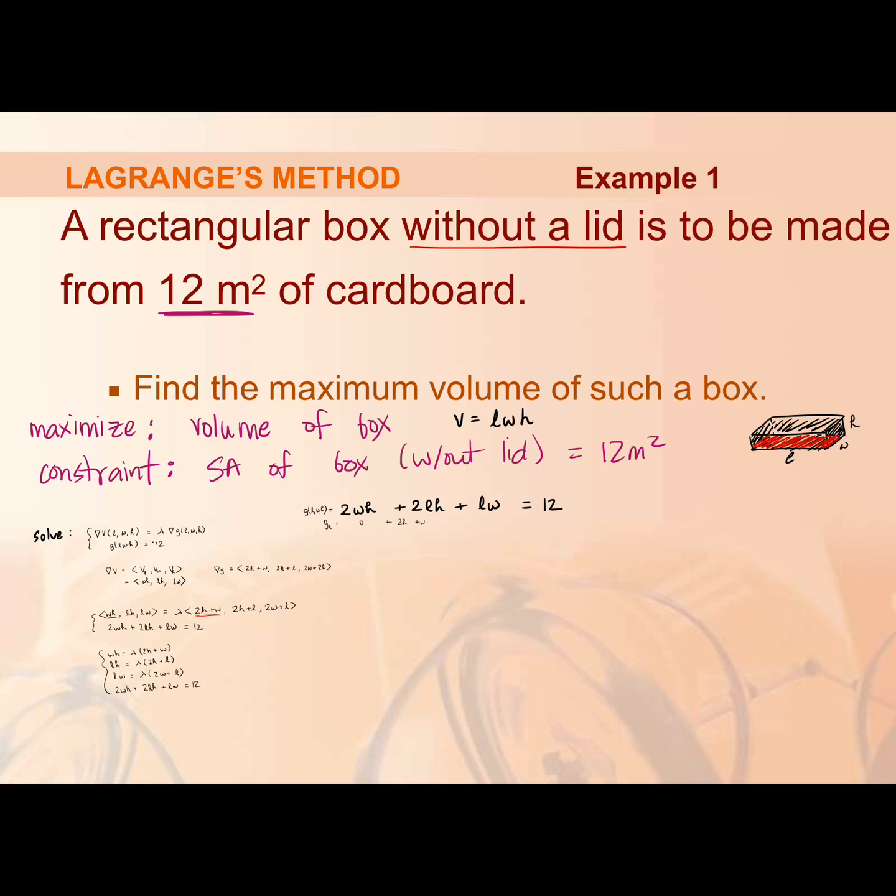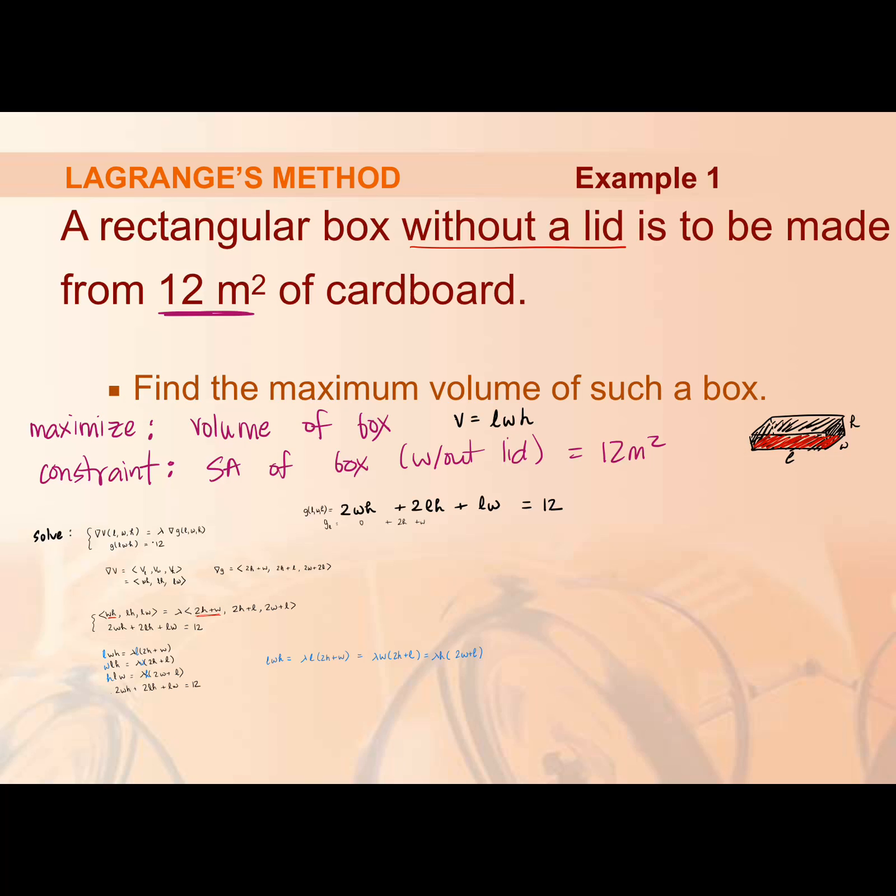But here, one thing we can notice is that if I multiply my first equation by an L, since it is missing an L, my second equation by a W, and my third equation by an H, now I've eliminated a variable, because LWH is equal to lambda L times (2H plus W), but it's also equal to lambda times W times (2H plus L), and it's equal to lambda H times (2W plus L).